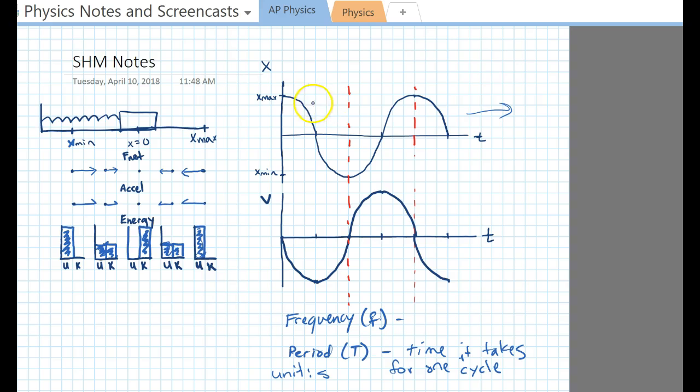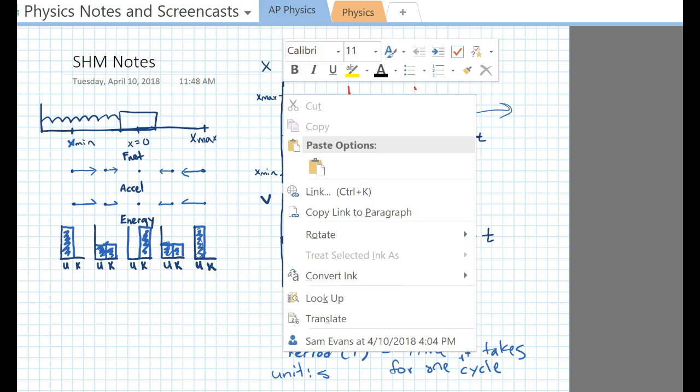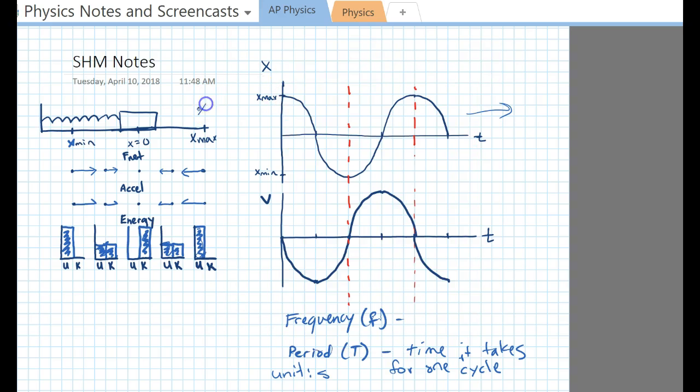And so if I look up here at my graph, the object started here at x max, went all the way over here, and then came all the way back. That's called one cycle or one oscillation, so that's from here to about here. And so this right here is one period. The way to find a period on a position versus time graph is to look at the similar points.